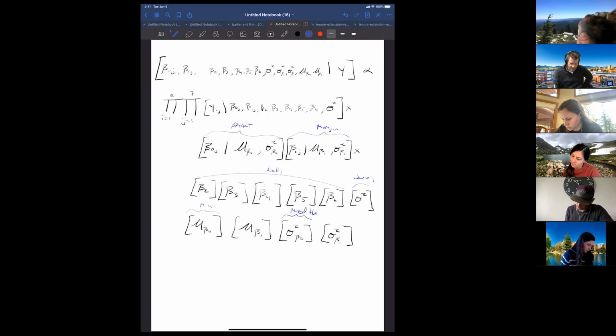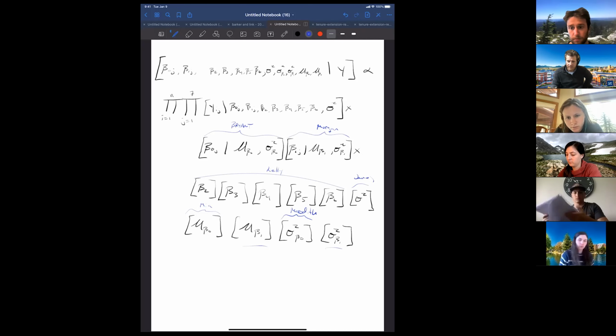Okay, so we have to write out full conditional distributions for each one of these. I'll do these two. Can everybody else write out the full conditionals for where I wrote your name? We'll reconvene in about 5 minutes and talk about these.